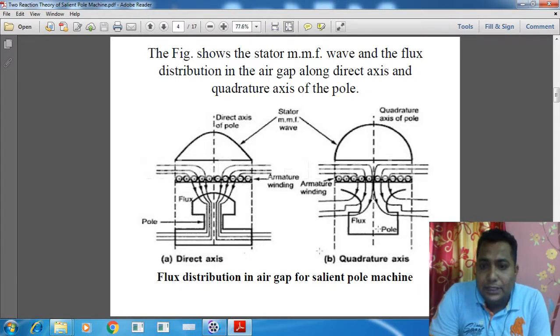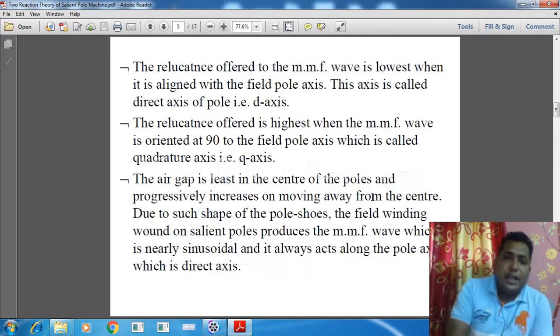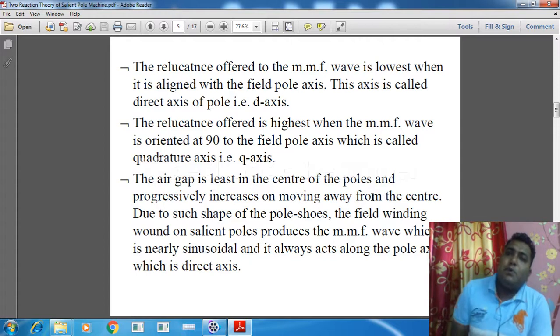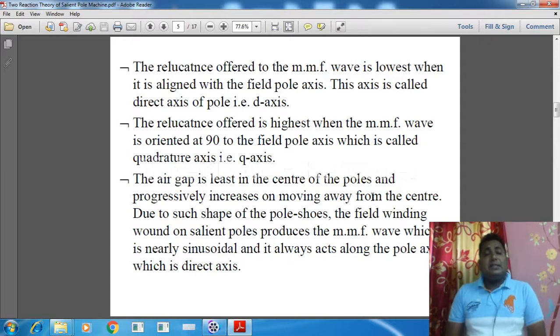And here we have the pole tips, where the air gap is very high, as we can see. There is a huge distance between them, so that is known as the quadrature axis. So the air gap is not uniform: when we consider the pole's direct axis, the air gap is very small, and when we consider the quadrature axis, the air gap is very high.